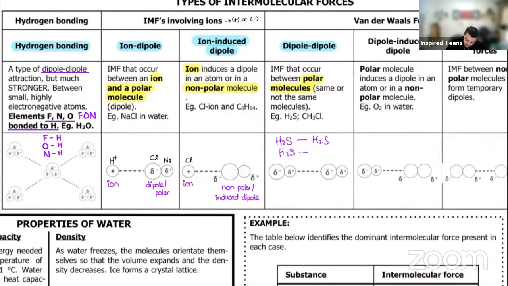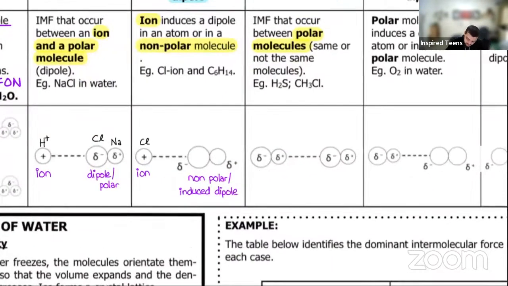Or you can have an intermolecular force with another polar molecule. For example, CH3Cl is another polar molecule, so H2S and CH3Cl also form a dipole-dipole force because both molecules are polar. And there it's drawn in. So this is our dipole, and they both are polar.